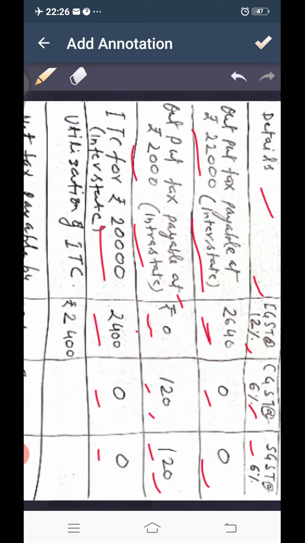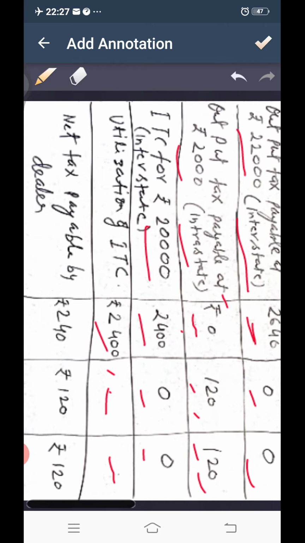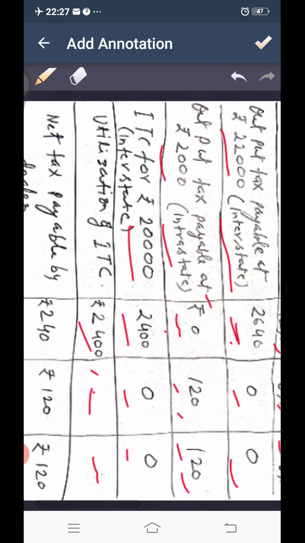So here this 2,400 is IGST, here no CGST and no SGST. Now we can see here output tax is 2,640, input is only 2,400. So net remaining is 240 rupees more we have to pay as IGST.